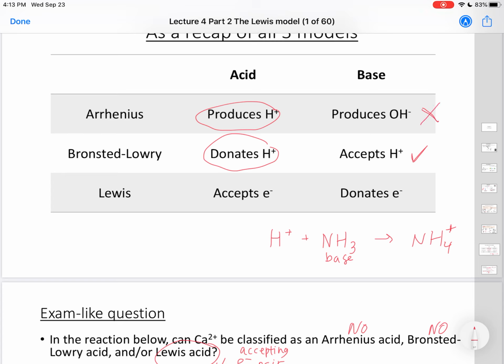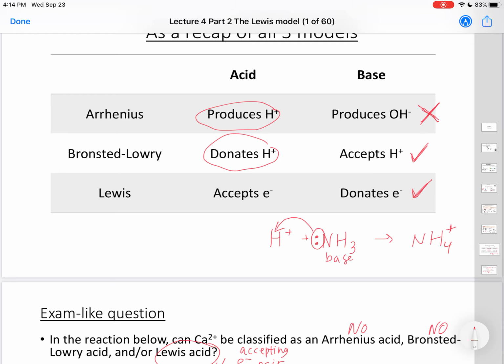It actually does not produce OH-, okay? There is no oxygen anywhere, actually. And actually, it donates electrons, right? And we can redraw this as the lone pair on this nitrogen, and we say that it forms a bond to this H+, okay? So it actually donates electrons, so it is a Lewis base as well. So NH3 is a Bronsted Lowry base, is a Lewis base. It is not an Arrhenius base, okay?